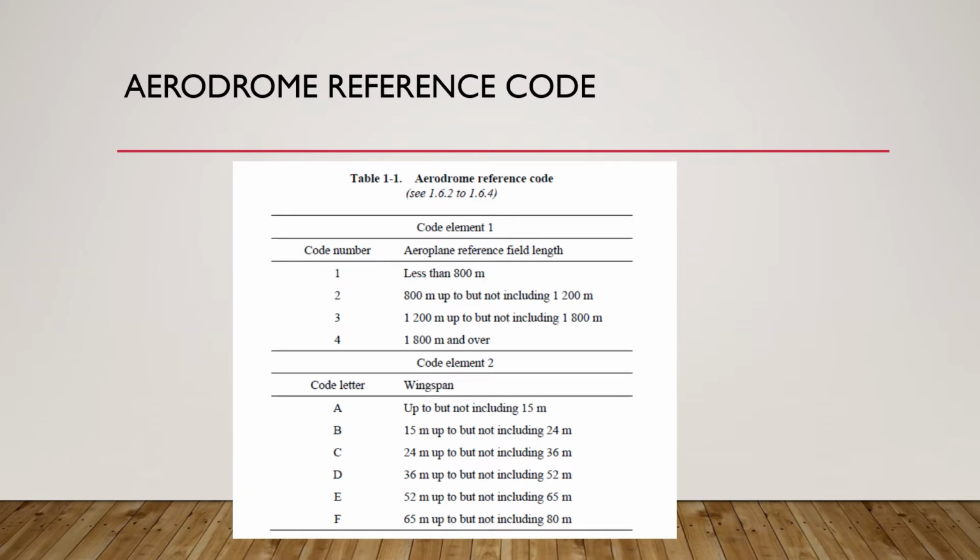An aircraft which has a wingspan of up to but not including 15 meters, that means an aircraft with a wingspan of 14.98 meters, will be considered as category A. Similarly, you will have code letters for each aircraft with its wingspan.